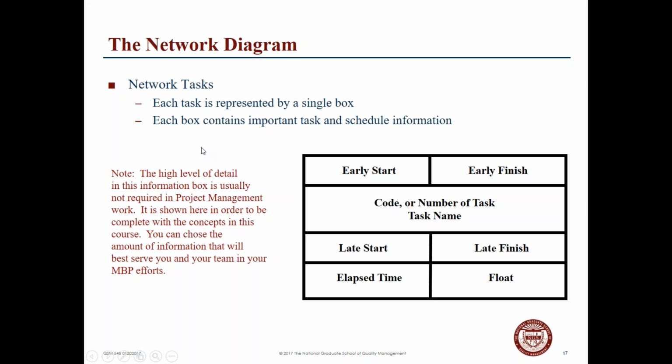So each box contains important task and schedule information for the overall project. You may not necessarily need to get to this level of detail, but it's shown here so that you can get a greater sense of the concepts of the course.